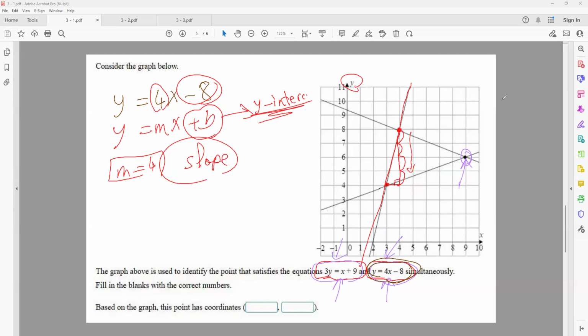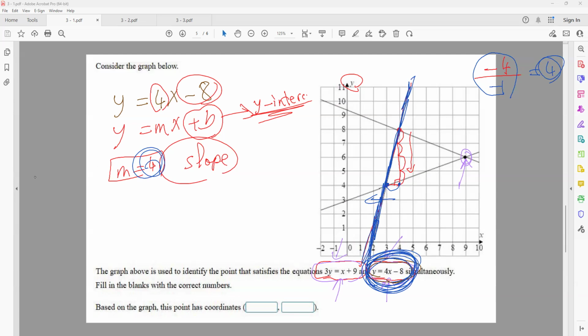When I'm going down, I write negative 4 over. I stopped at this point, so I go to the left. Stop here. It is left, so it will be negative 1. Negative 4 over negative 1 will be 4. This answer is the same as this answer. Yes, they are the same. So this equation is represented by this line.